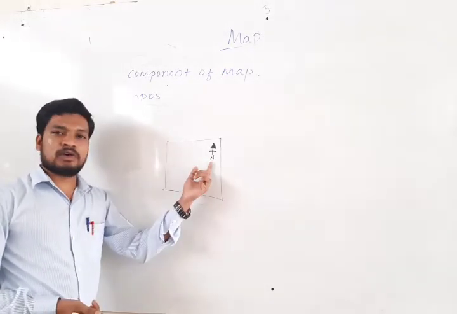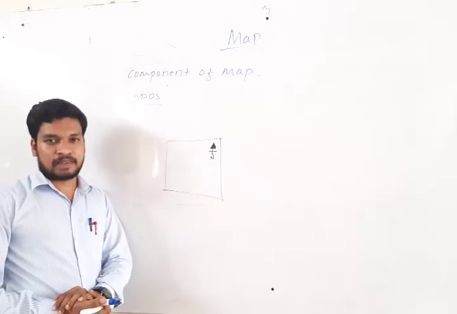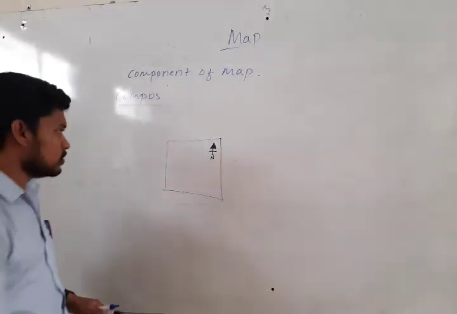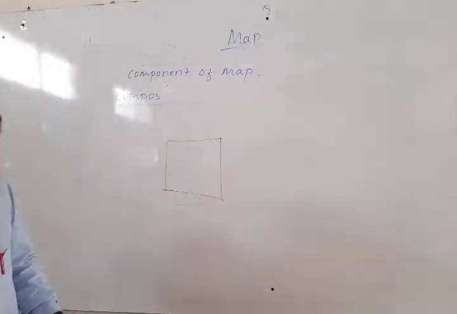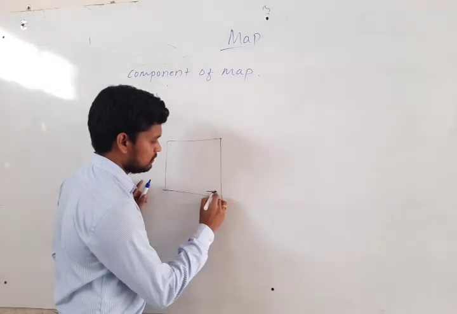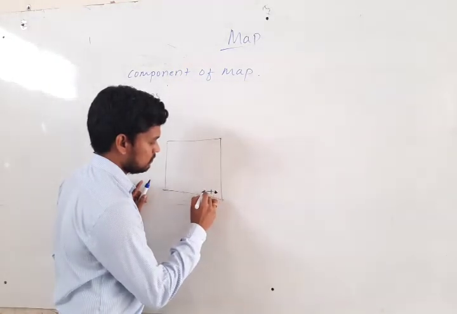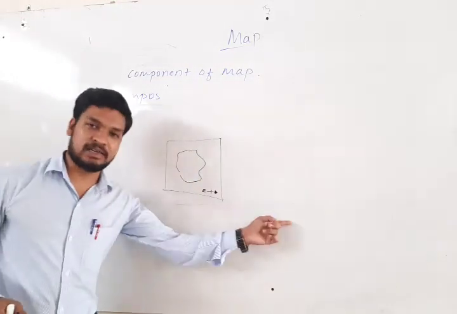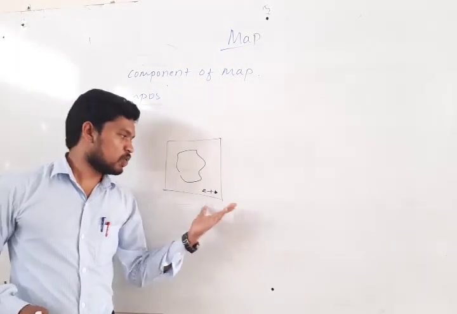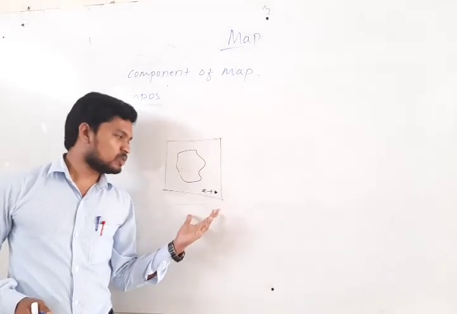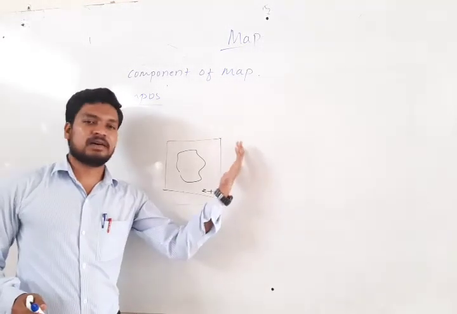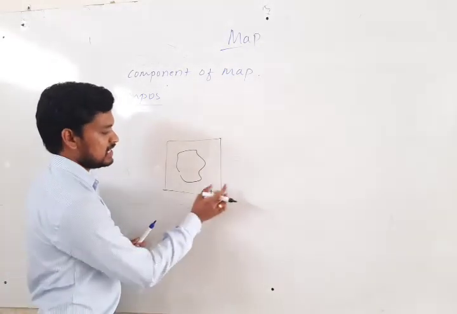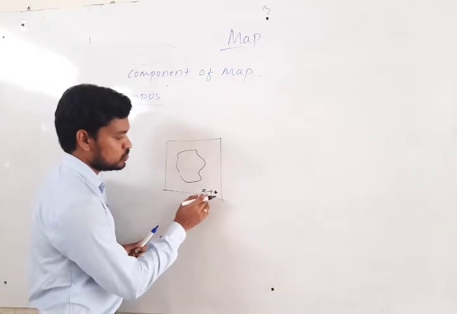It is used to read the map. It's very important to read the map. Suppose this compass is showing towards the eastern direction, the real eastern direction. What do we have to do? We have to turn the map correctly so that north shows the northern direction.